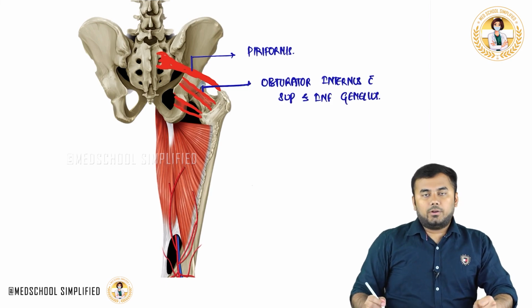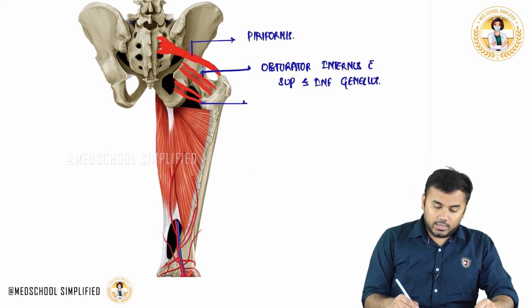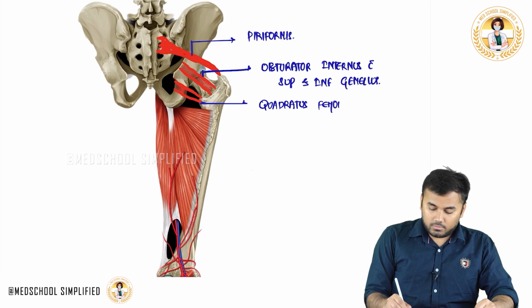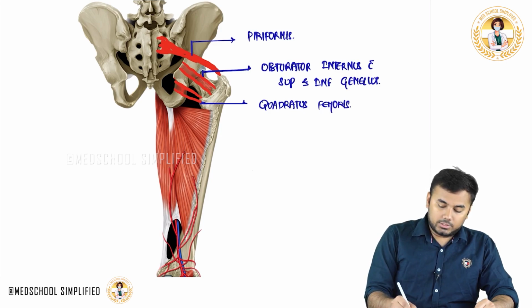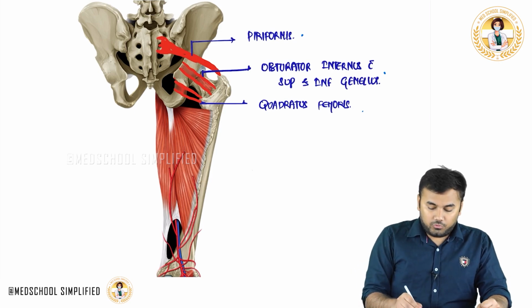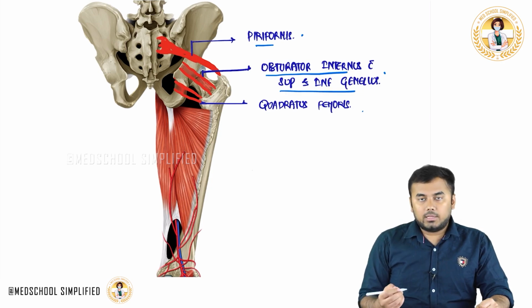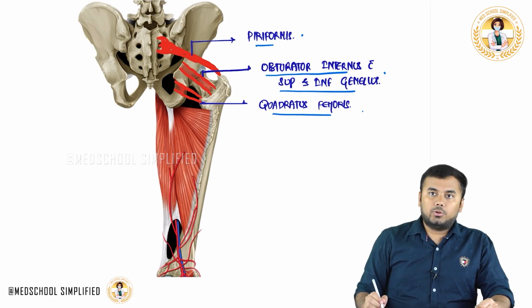Apart from that, the next important one is this muscle over here, which represents quadratus femoris. So there are four muscles: piriformis, obturator internus with superior and inferior gemellus, and quadratus femoris, right?